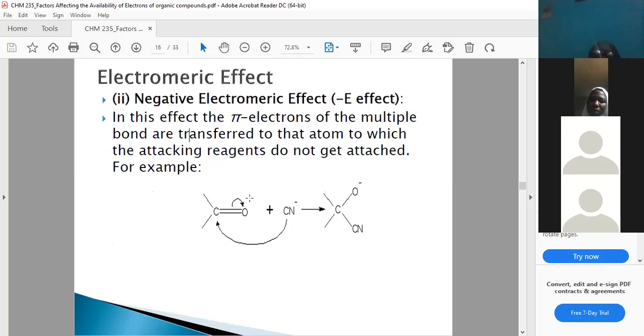In the case of negative electromeric effect, the reverse is the case. The electron moves to another atom other than the one to which the attacking reagent is attached. In that case, we have negative electromeric effect. Okay? Are you following, please? Yes, sir.